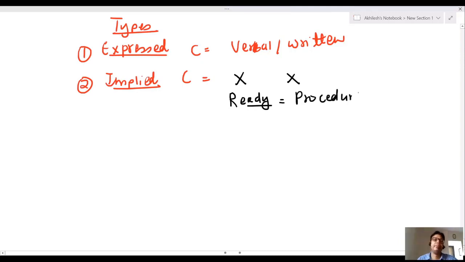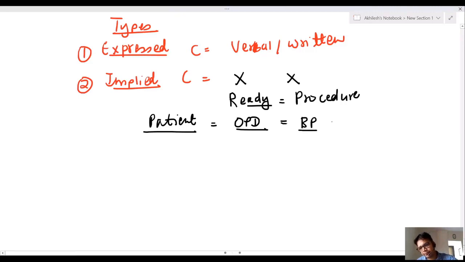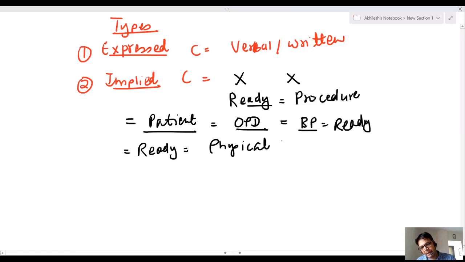Example, a patient comes to the OPD and is ready for blood pressure without saying anything. The doctor takes the BP instrument, the patient gives his hand, without saying anything. This is implied. You are ready for a physical examination. This is implied consent.